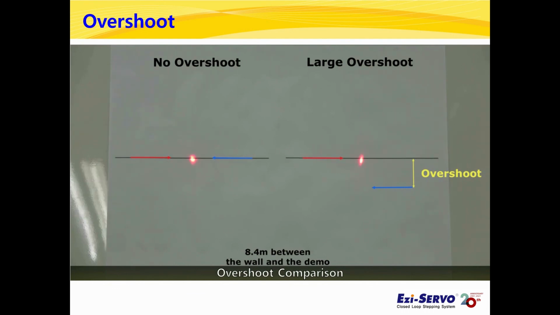The motor on the left stops at the target position without the overshoot, but the motor on the right returns to the target position after exceeding the target position, showing the large overshoot. As you can see, the overshoot is the value of how far the motor has exceeded the target position.